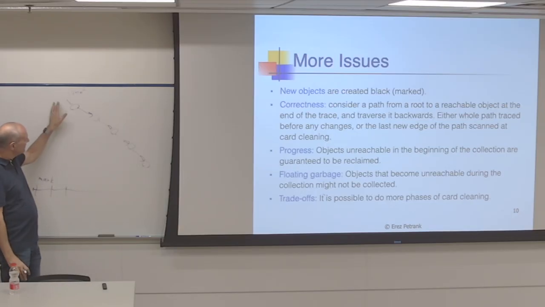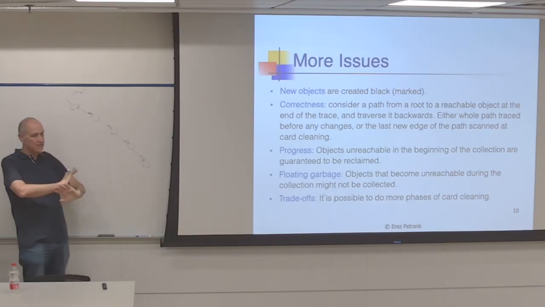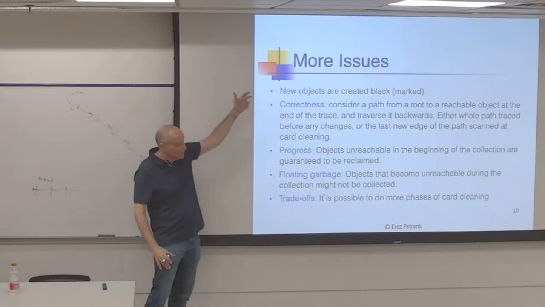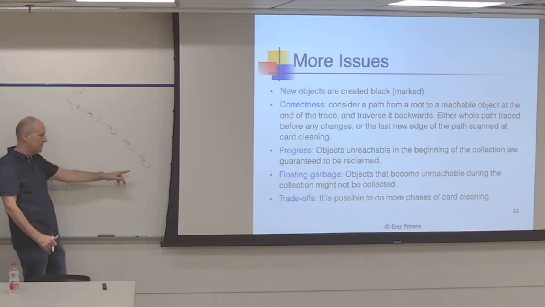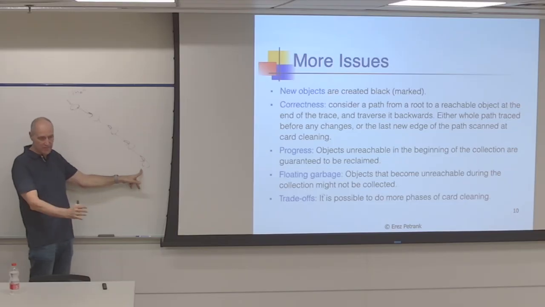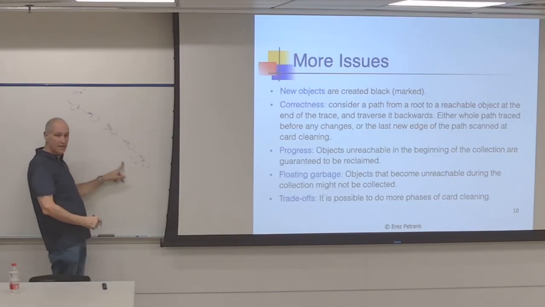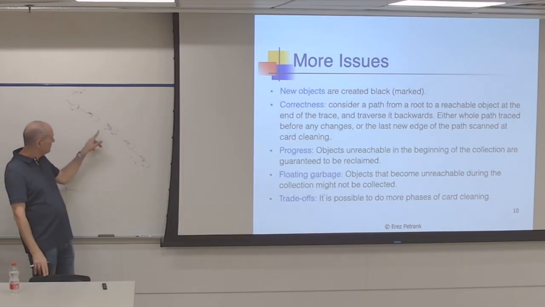One option is that the traversal managed to go through it before any modification happened. Like in the original concurrent tracing, then of course I will find this if all the edges were traced before any modification happened. Now, if some modification happened, let's look at the last one. Suppose this was last modified. I will go through this as they were in the original view of the heap, but this was changed.